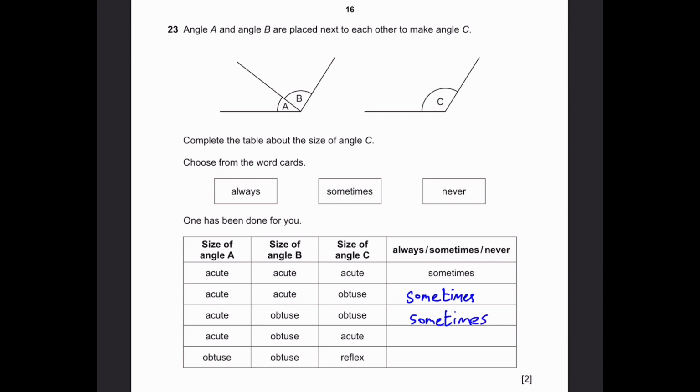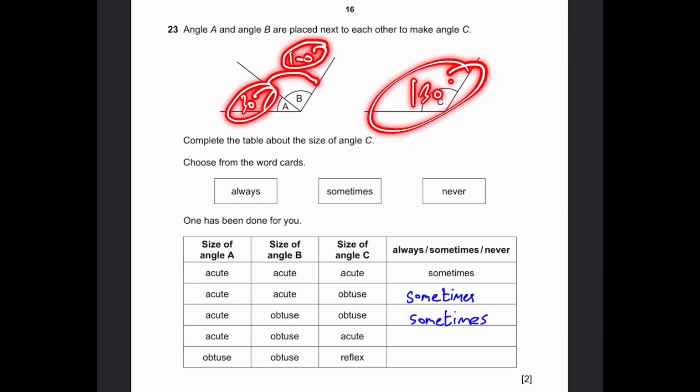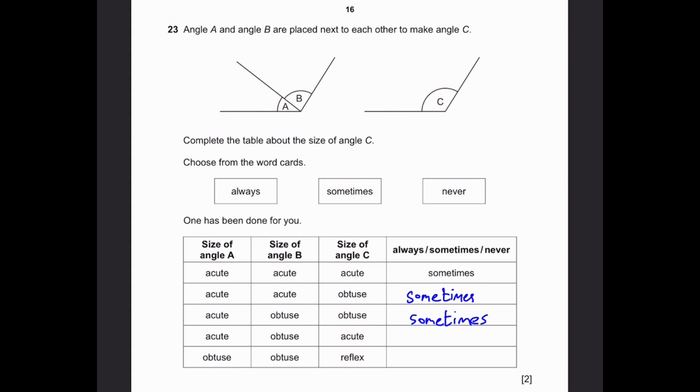Now we can go to the fourth one. Acute, obtuse, acute. Let's say angle A to be 30 degrees and angle B to be 100 degrees, as we did before. Adding up, we get 130 degrees, which is obtuse. It's not acute. Does this mean it's never? Not yet. We need to check.